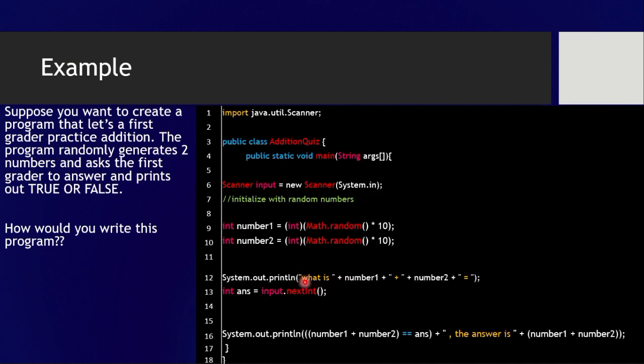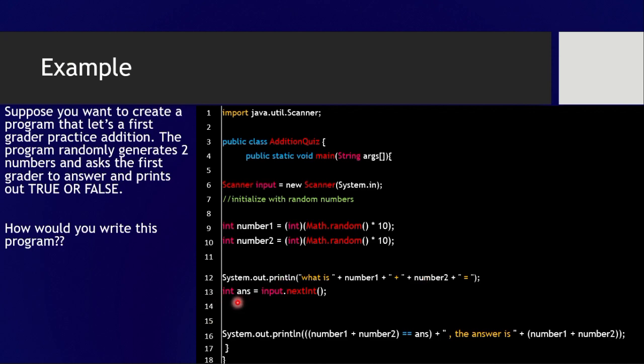So when you put in your string literal there and want everything on the same line, you say what is, plus the number1 that's here is going to be represented there, and then plus this string, and then plus number2 plus that string there. Basically you're saying get this and that and this and that and put them all into one line. That's what these pluses are for. I don't know why I forgot to talk about these, but yeah.